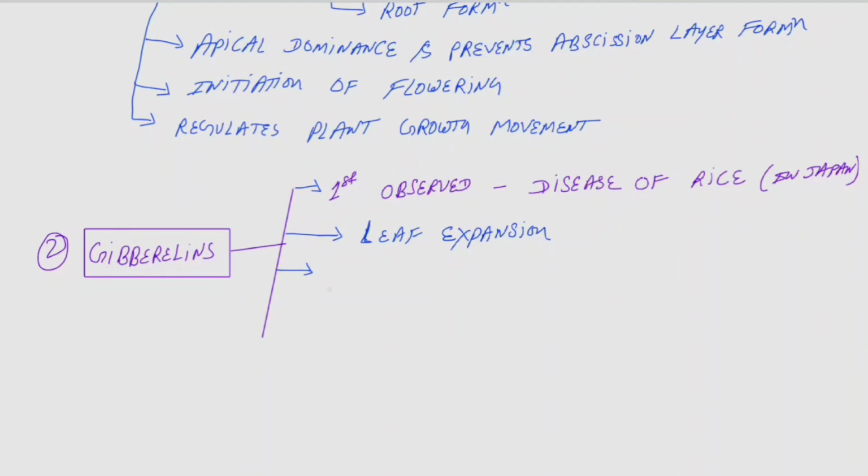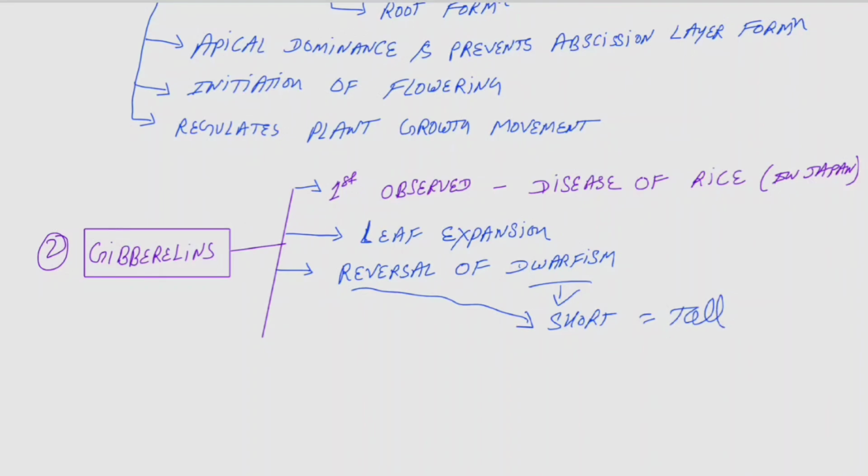Gibberellins cause reversal of dwarfism. Gibberellins support tall; dwarf means short. That means reversal of short to tall. Gibberellin promotes growth.